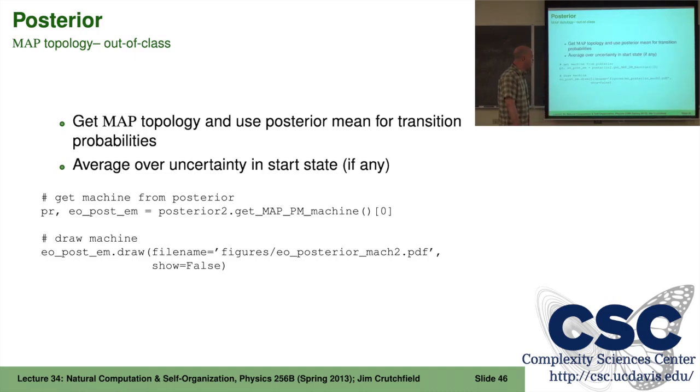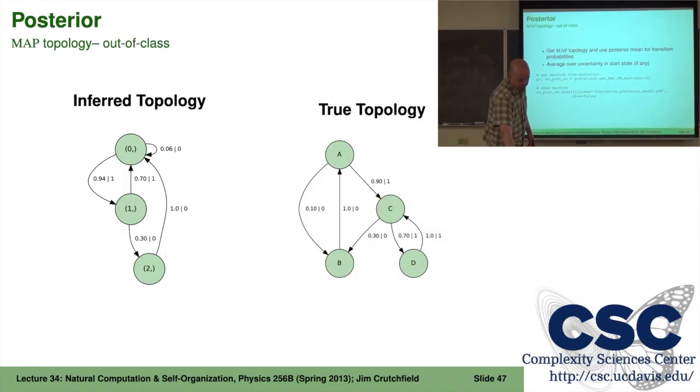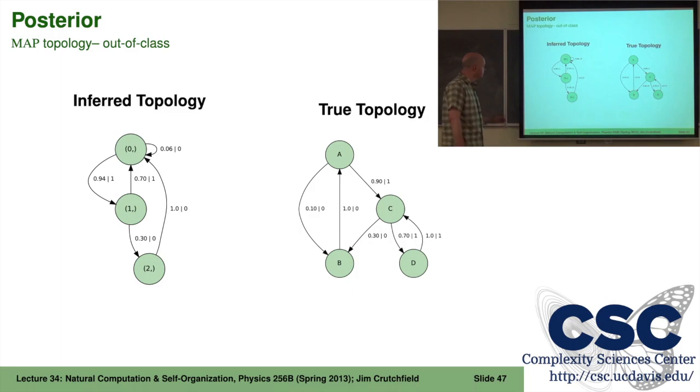And again, we pull out the most likely one, averaging over start state and transition probabilities. You end up getting something that looks like this. So there's the true topology that generated the data, and this is the best model in the 1 to 3 states.